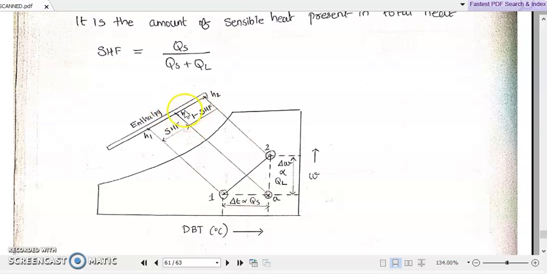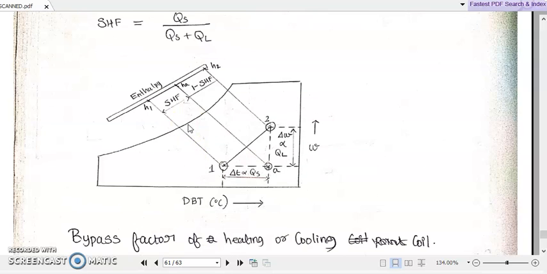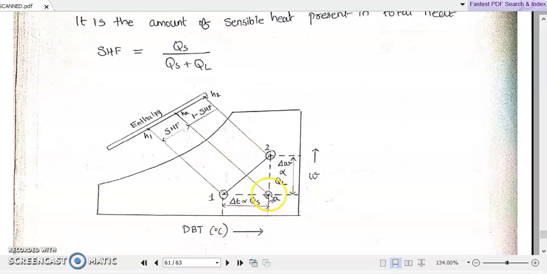So HA minus H1 will be the sensible heat load, and H2 minus HA will be the latent heat load. So HA minus H1 divided by H2 minus H1 will be our sensible heat factor. With this idea, let us move on to the next discussion.